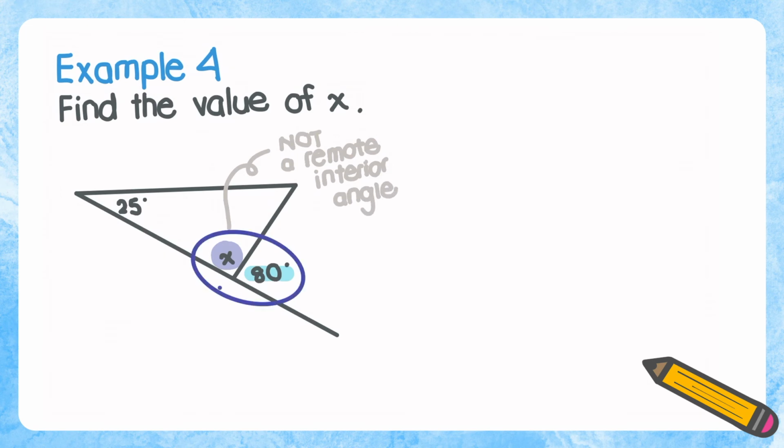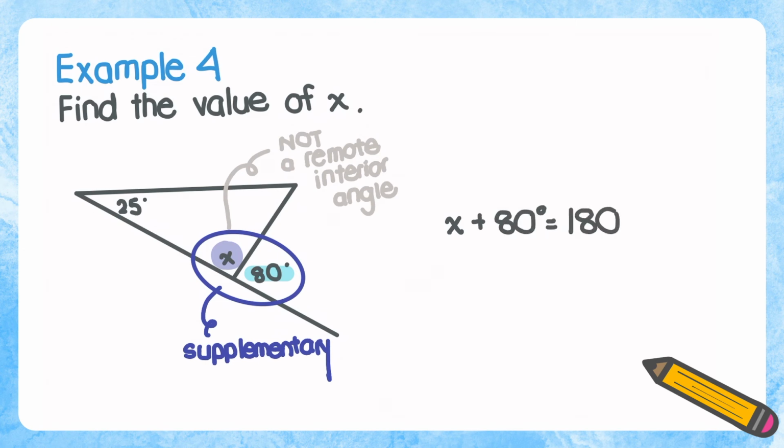Notice that these two angles are supplementary because they form a straight line. And we know that supplementary angles must add up to 180 degrees. So x plus 80 degrees equals 180 degrees. From here, we're doing the similar steps to solve for x.